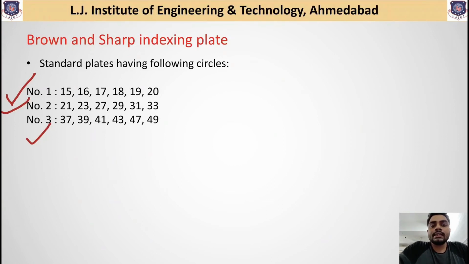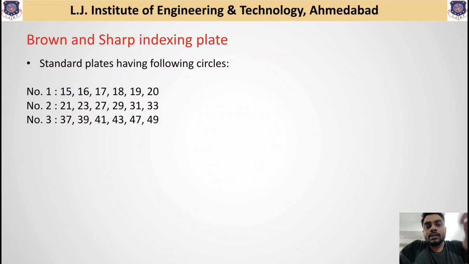The only number missing is 25, because we have holes available in multiples of 5, that is 15 and 20, so they will be helpful to generate more numbers in multiples of 5. So in plate number 2, it is only an odd number sequence, neglecting the numbers that are multiples of 5.